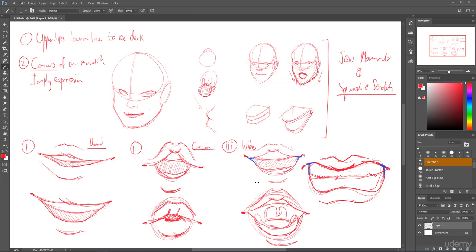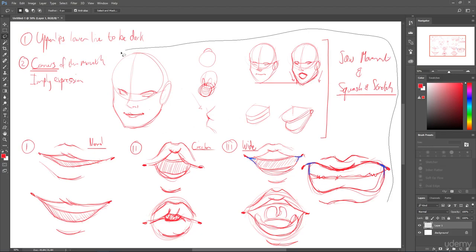All right, there's one more topic that we want to look at when we're talking about the mouth, because as we know from the overview lesson at the beginning of this module, when one thing moves on the face, usually related to the mouth, other things move as well.